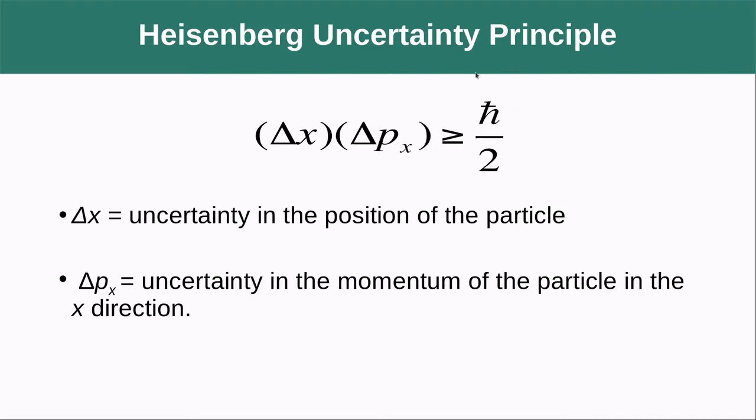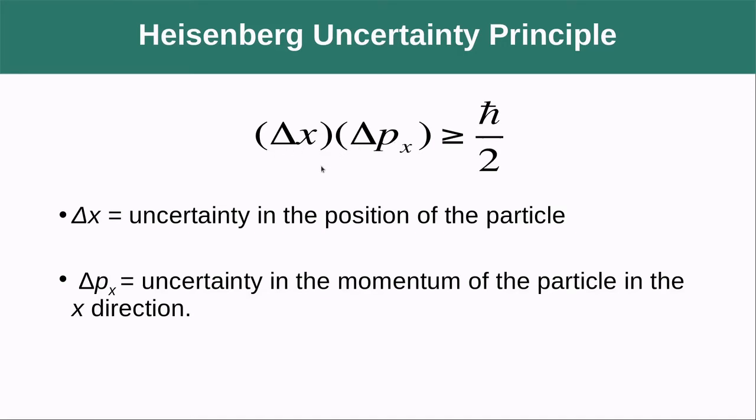So this is just a number, a constant. If you imagine that this has to equal a constant, as one of these goes to 0, say delta x goes to 0, delta p is going to approach infinity, and vice versa. As this uncertainty goes to 0, the other would get very, very large.